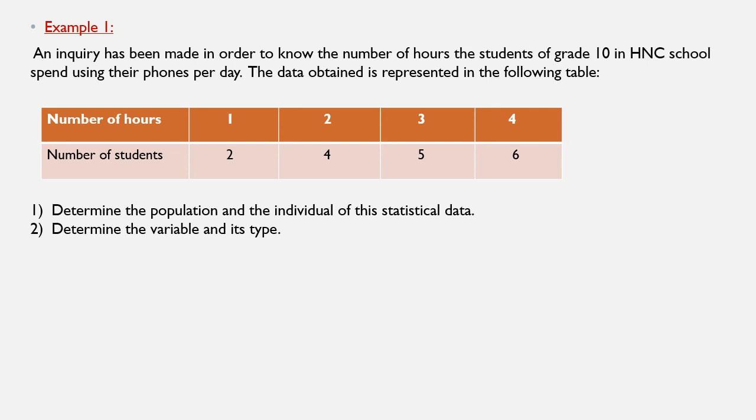So the answer will be the variable is the number of hours. The type of the variable here is a quantitative variable, since the values of the variable are 1, 2, 3, and 4. So they are numbers. For this, its type is a quantitative variable.